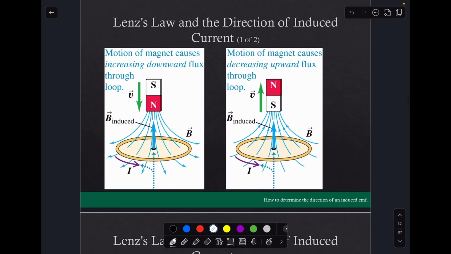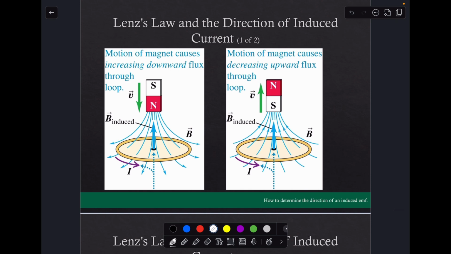So let's look at some more scenarios. Let's erase the answers. Now the magnetic field is being created by a magnet instead of just a vector. The way we're changing the magnetic field is by bringing the magnet towards or away from the coil.